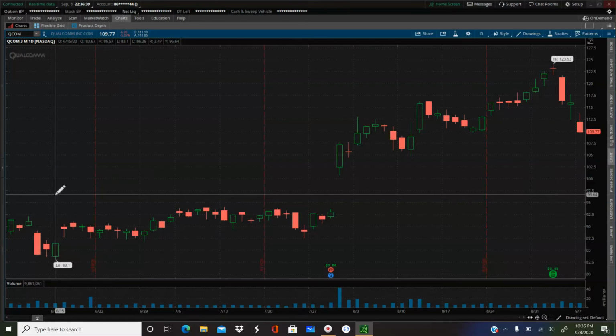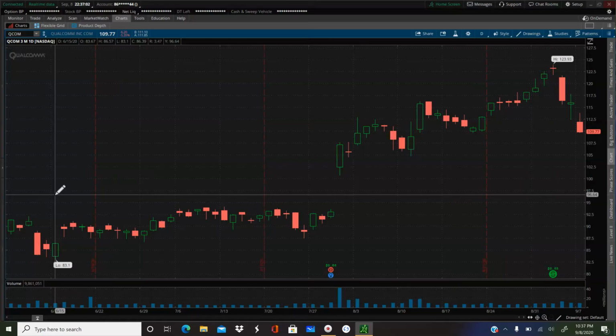This is more so meant as a complement to your current strategy and method, or whatever you use in order to swing trade.